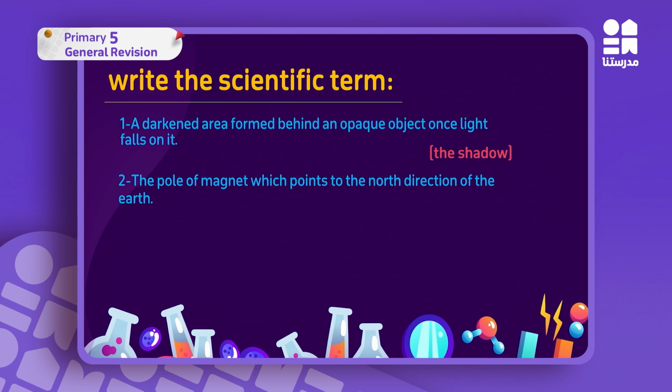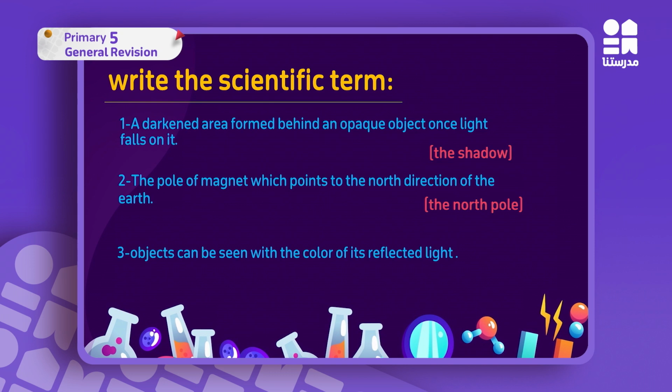Is it the North Pole or South Pole? It is, of course, the North Pole. Number 3, objects can be seen with the color of its reflected light. So they reflect light, so they are opaque. And they have color, so they are colored opaque objects.